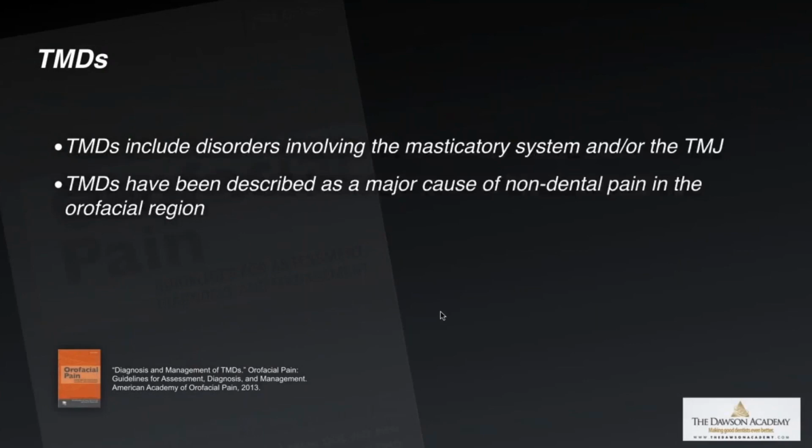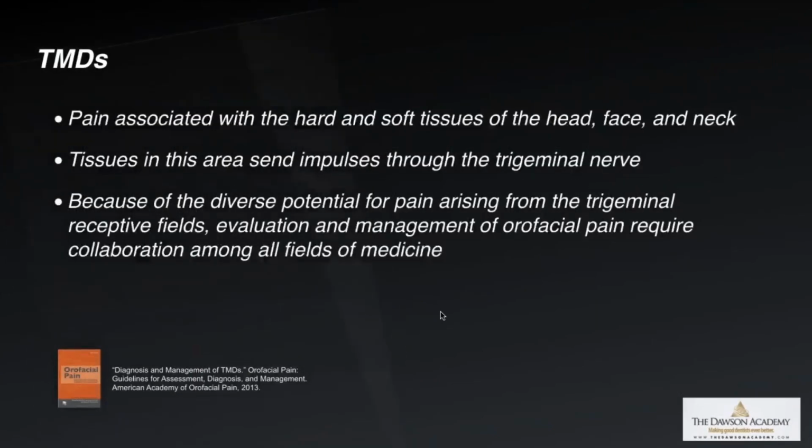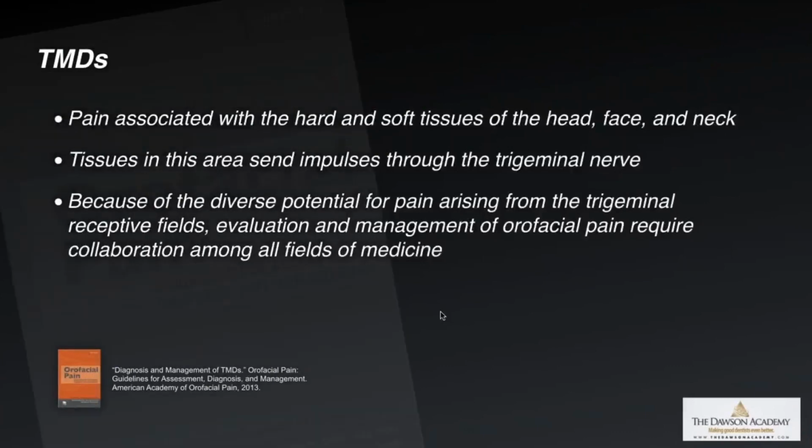According to the guidelines and assessment from the American Academy of Orofacial Pain, TMDs also include disorders involving the masticatory system or the joint. They've been described as a major cause of non-dental pain in the orofacial region. It's pain associated with the hard and soft tissues of the head, face, and neck. Tissues in this area send impulses through the trigeminal nerve.